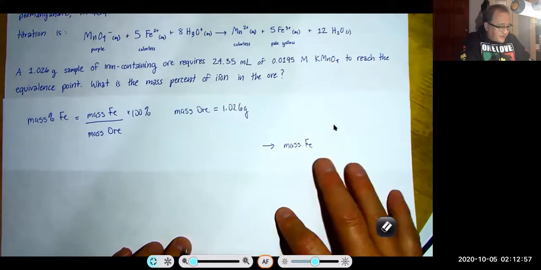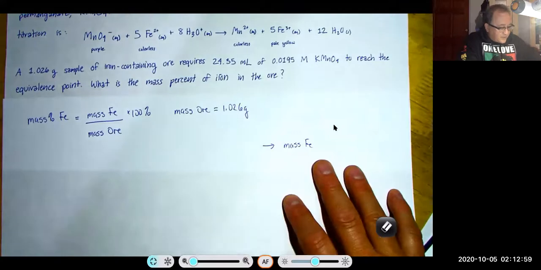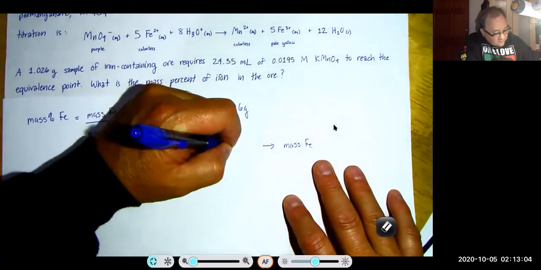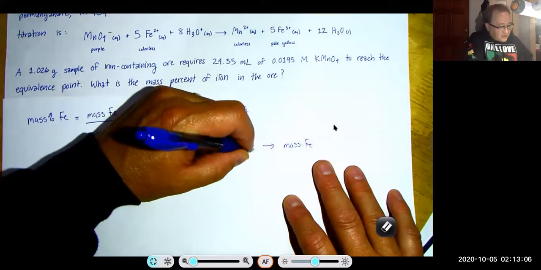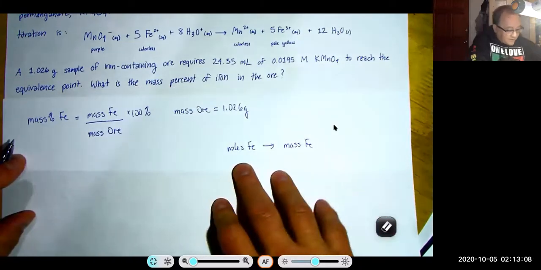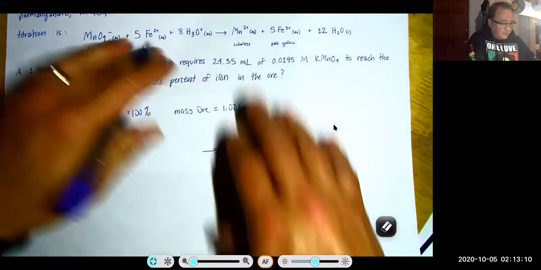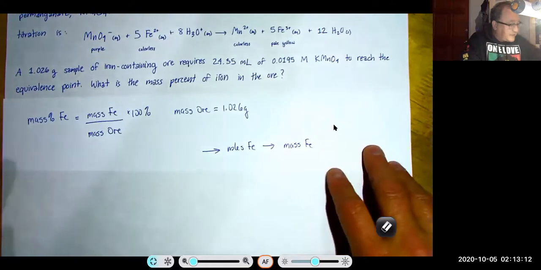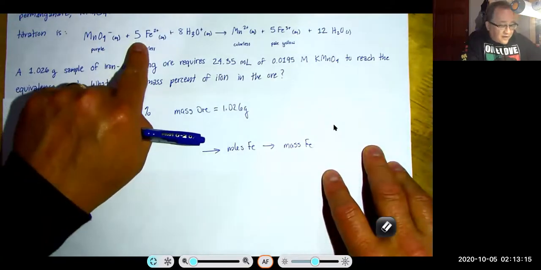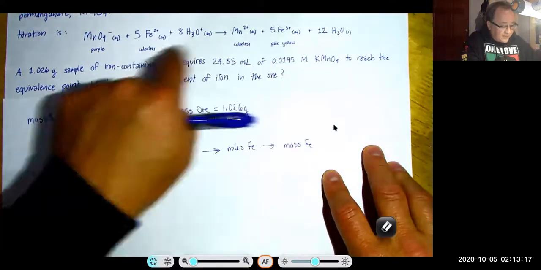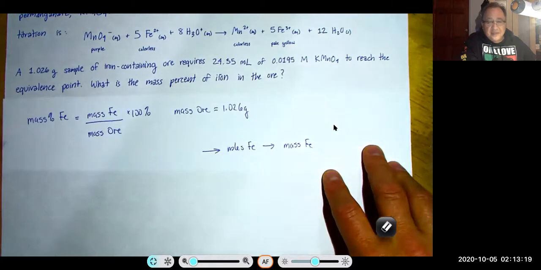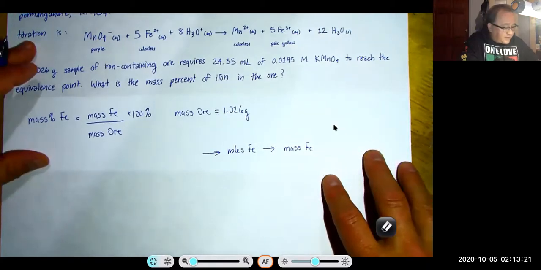Well, I imagine to get the mass of the iron, we're going to need the moles of the iron, right? And I imagine to get the moles of the iron, we have to somehow use this equation to get the moles of the iron. And here you can see we have 5 moles and 5 moles, so it doesn't matter which of these two we get, it'll be the same answer. So how are we going to get the moles of iron?